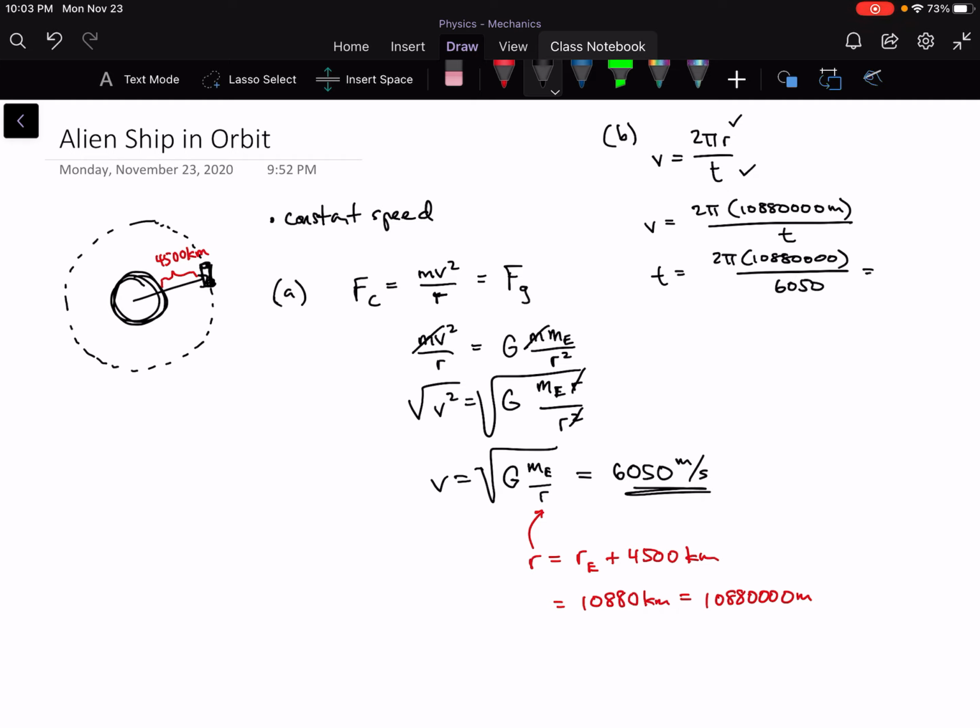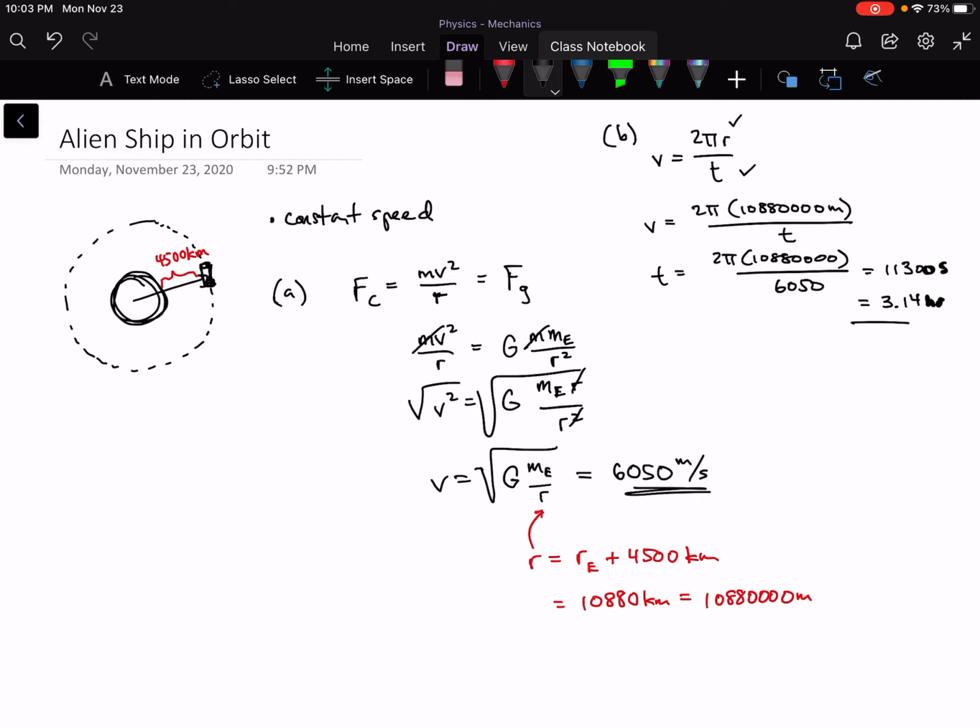You will get about 11,300 seconds, which is a little over 3 hours, 3.14 hours, I think. Okay. So that's how long it takes in that orbit to go around the Earth, as would any other satellite.